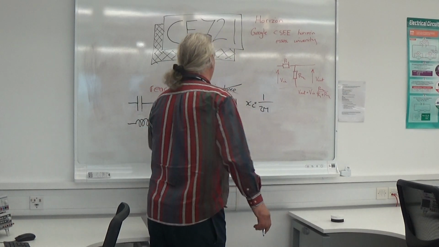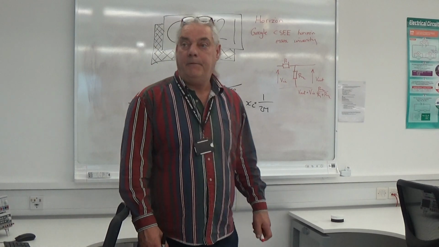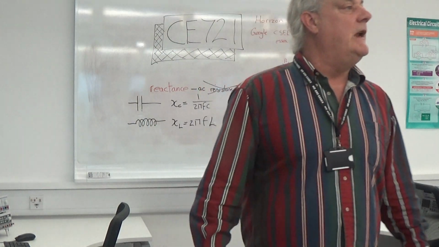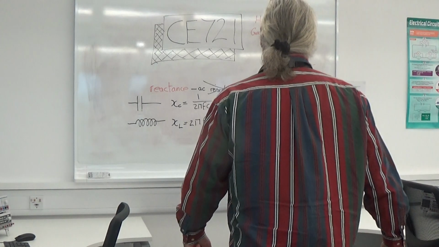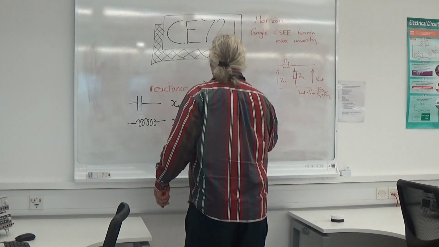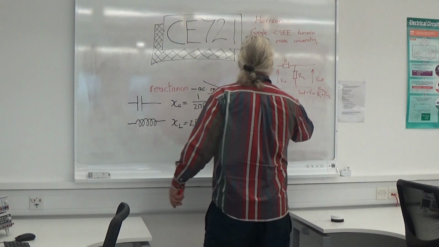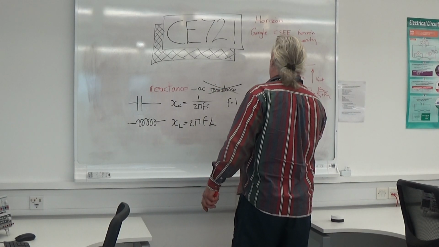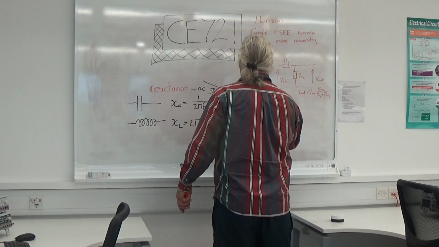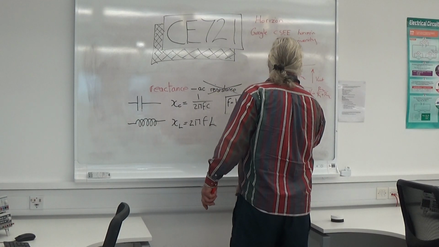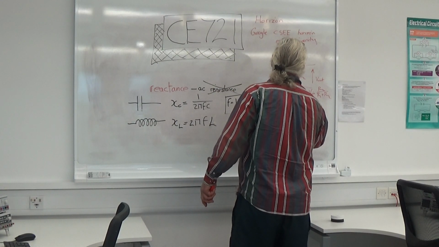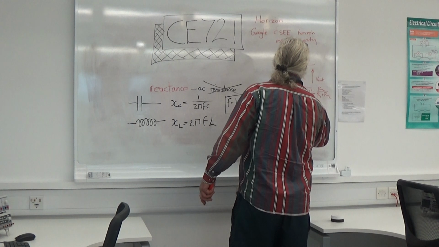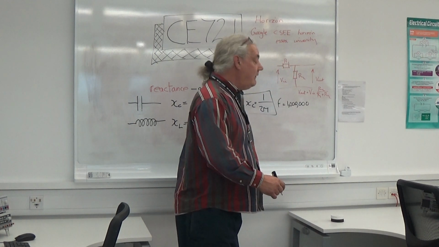That's F equals 1. Now let's make F really big. Let's have 1,000,000, shall we? 1,000,000 is pretty big. So F equals 1,000,000. So we're at a megahertz now.